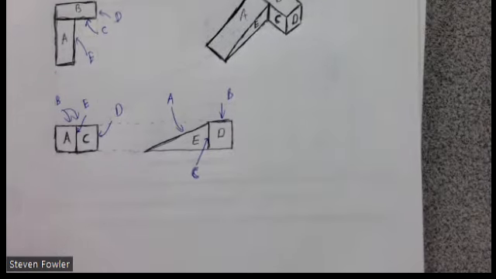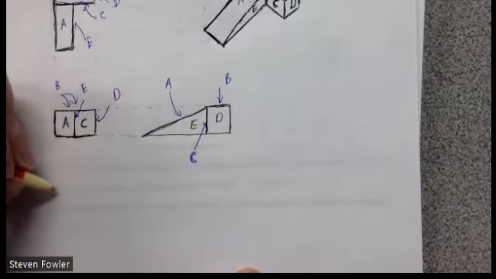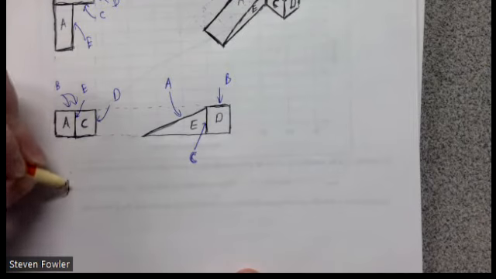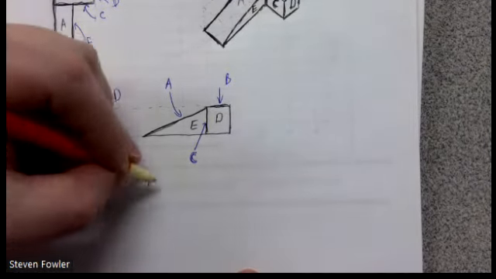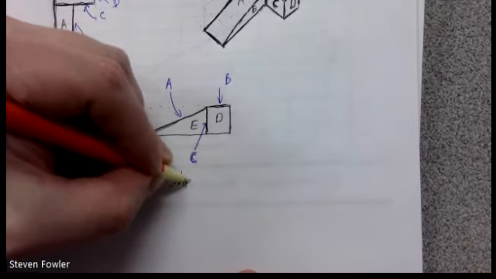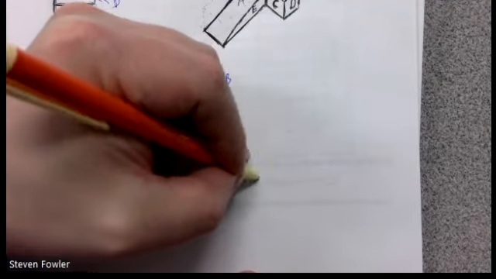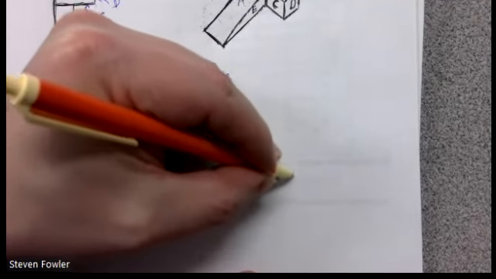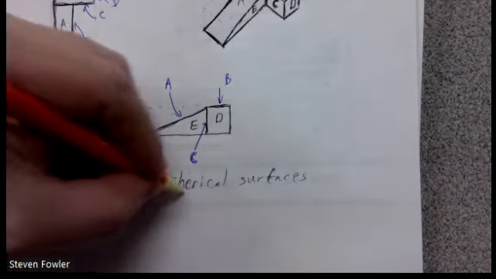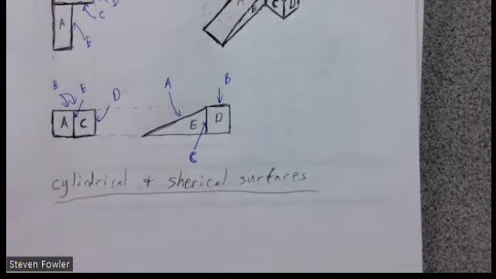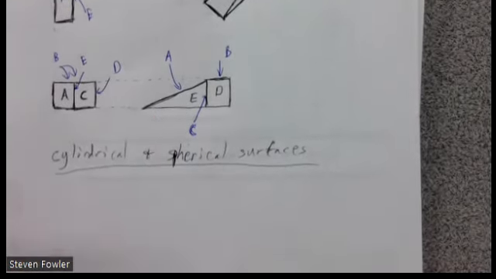We'll talk briefly, we're not going to do a lot with these, but it's worthwhile to mention cylindrical and spherical surfaces. And cylindrical, and there's a key in there, spherical surfaces.